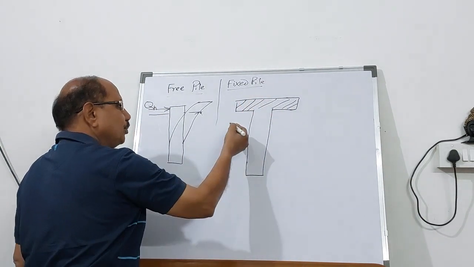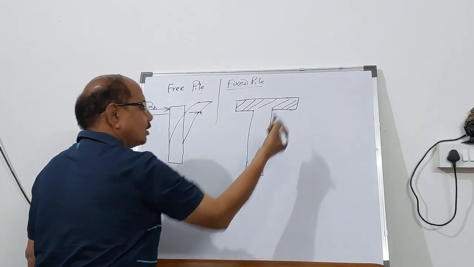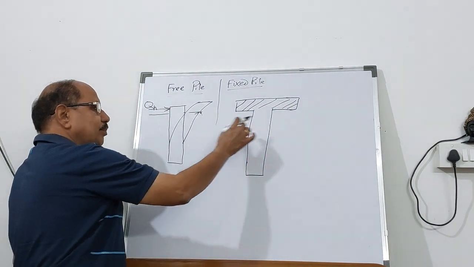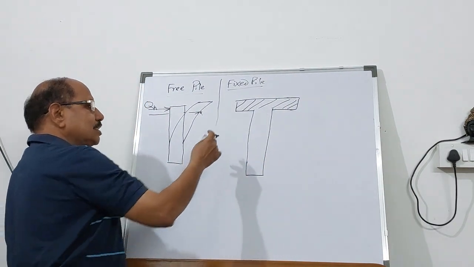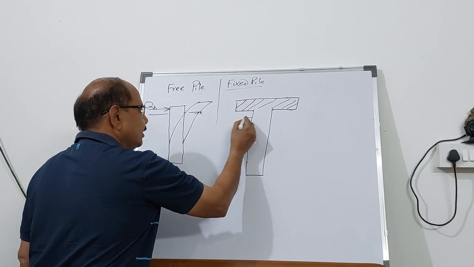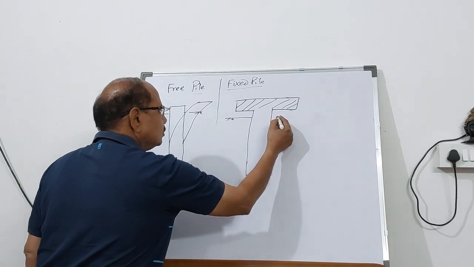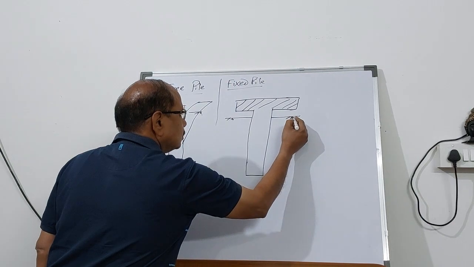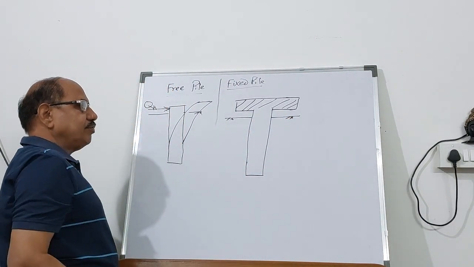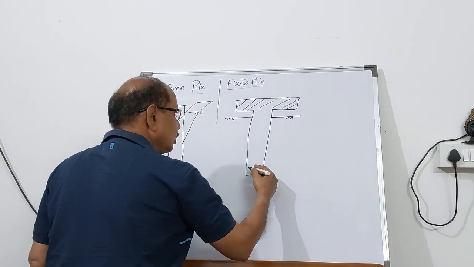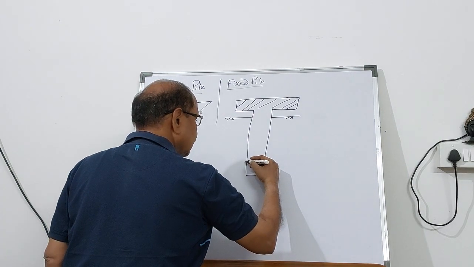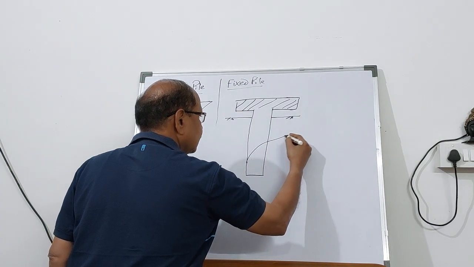There is the beam, or all the piles are connected such that when it is embedded into the ground, if you see the deflection pattern, it is going to deflect like this.